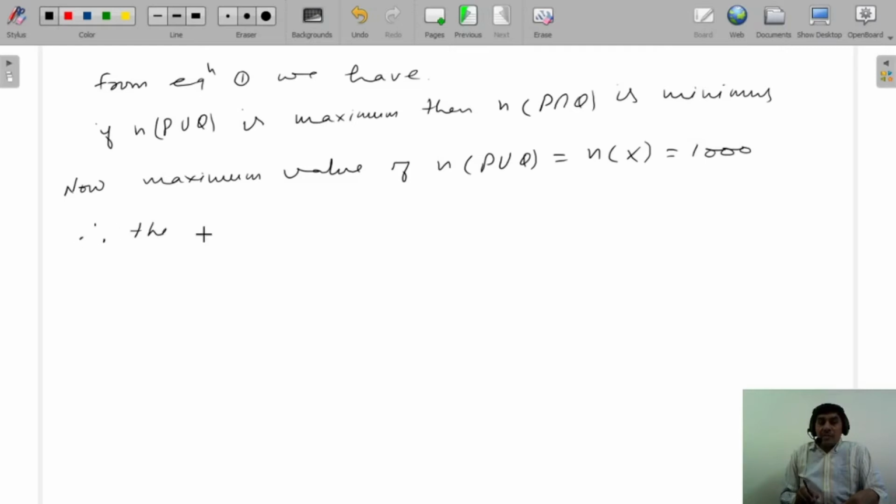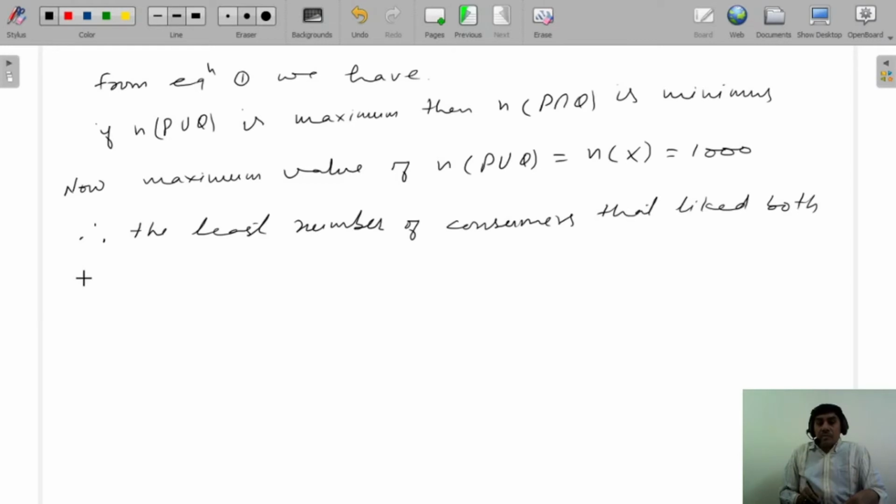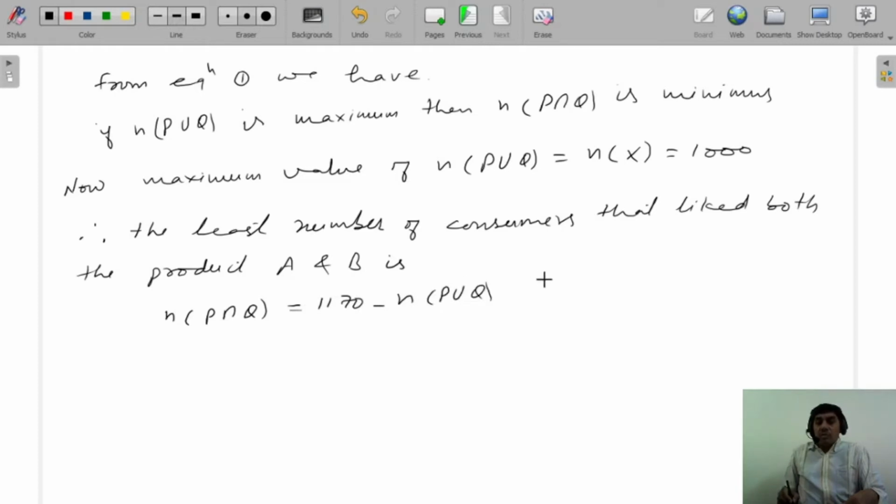So the least number of consumers that liked both the products A and B is n of P intersection Q, which is equal to 1170 minus n of P union Q, by equation 1.